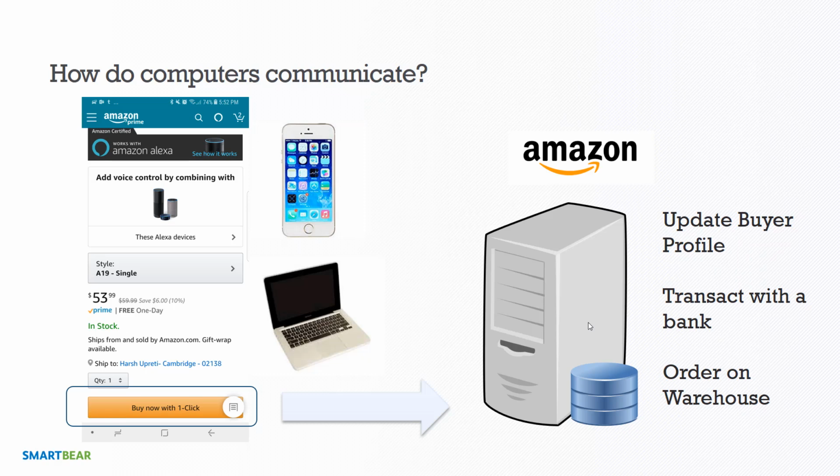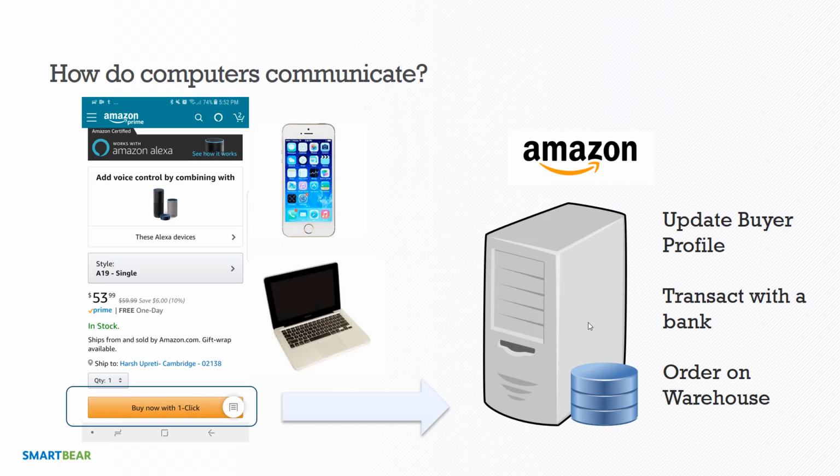In this case, when I'm buying this light bulb, it's going to update my profile. It's going to store the data that, okay, so Harsh bought a light bulb, and the next time when he comes to our website, we will show him another ad for another light bulb. Then, because I want to buy it, it also does a transaction with my bank. Okay, it also places that order on the warehouse from where this bulb would be shipped to me.